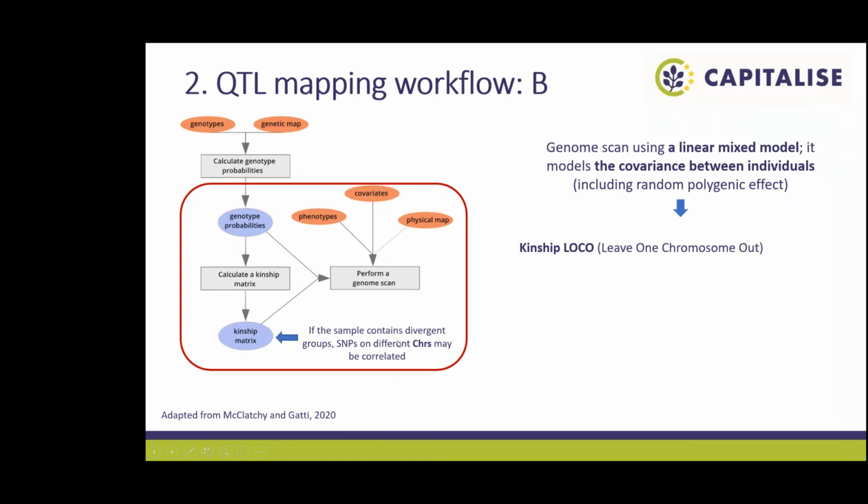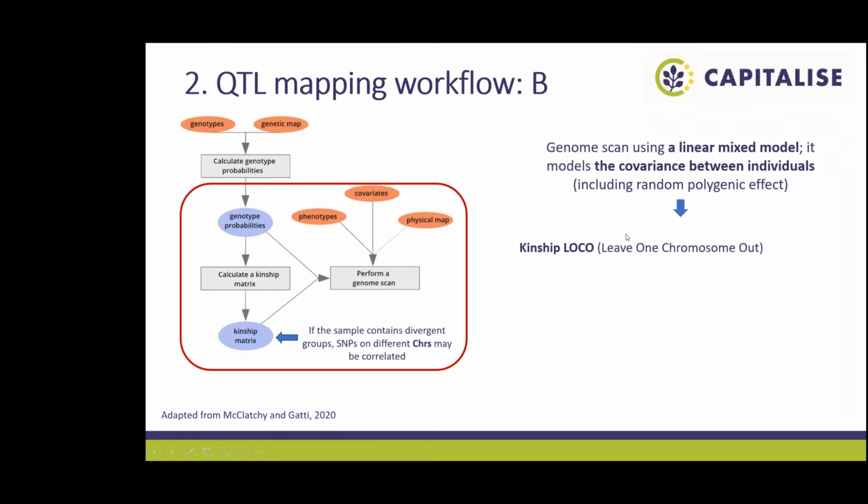In our population, we might have some divergent groups for some phenotypes, so SNPs on different chromosomes may be correlated, and we want to avoid this kind of correlation. So we use kinship in our linear mixed model, but you can also use much simpler regression like Haley-Knott regressions or these kinds of approaches.